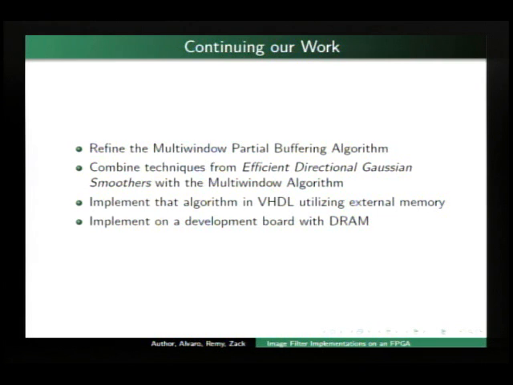We'd implement that algorithm in VHDL utilizing the DRAM slot on a hardware board with that capability for external memory, so we have a protocol where we're grabbing image pixel values and pushing back filtered image pixels. So, any questions?